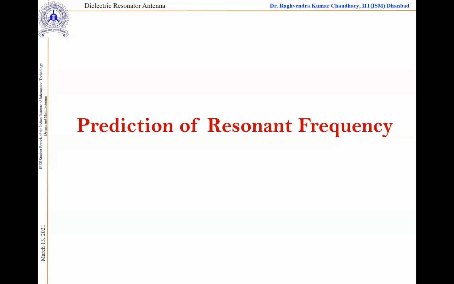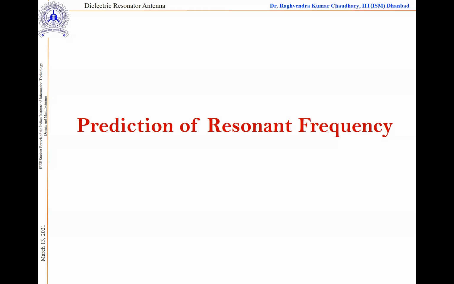But what about the antenna? Here the boundary condition is open, or ABC. So the boundary conditions change here, and we need to think about how to find it out. Still, many research groups are struggling to find the resonance frequency.